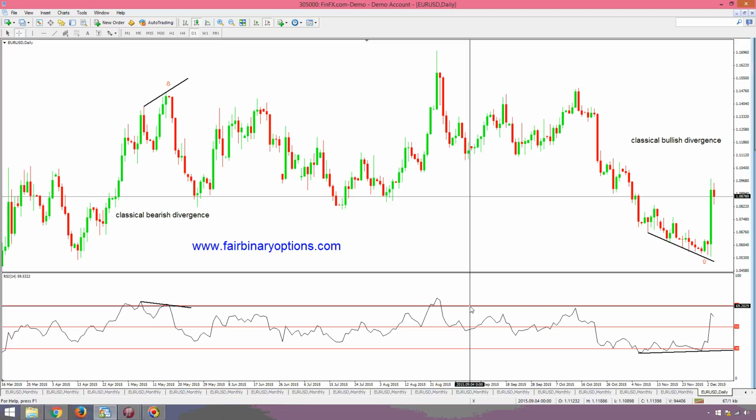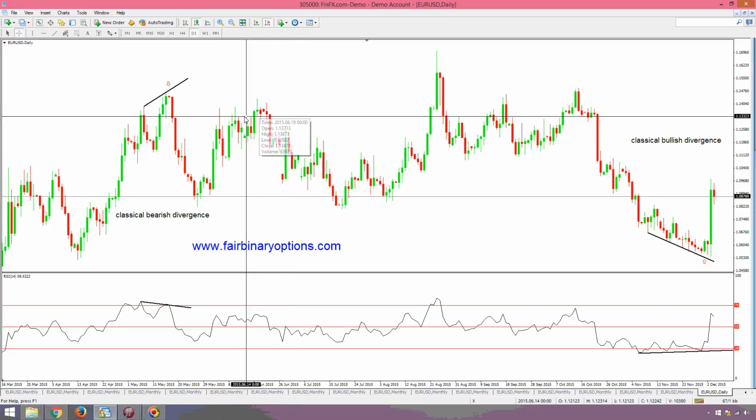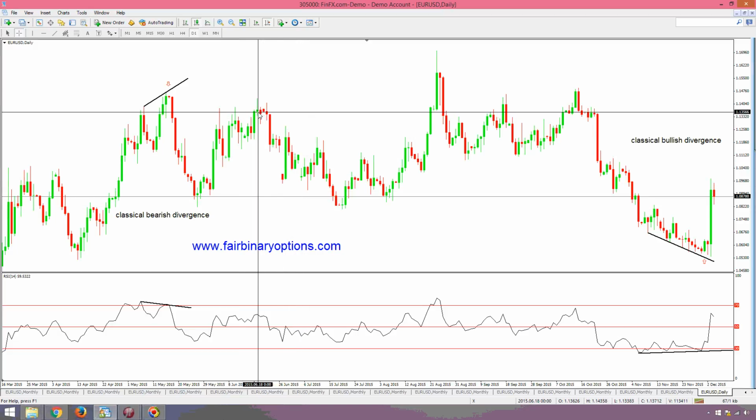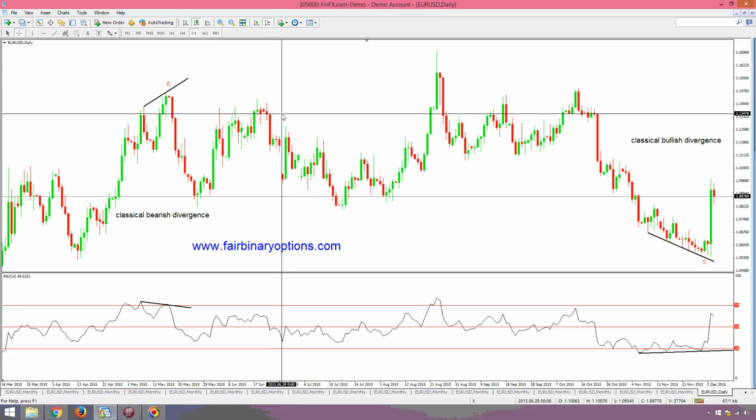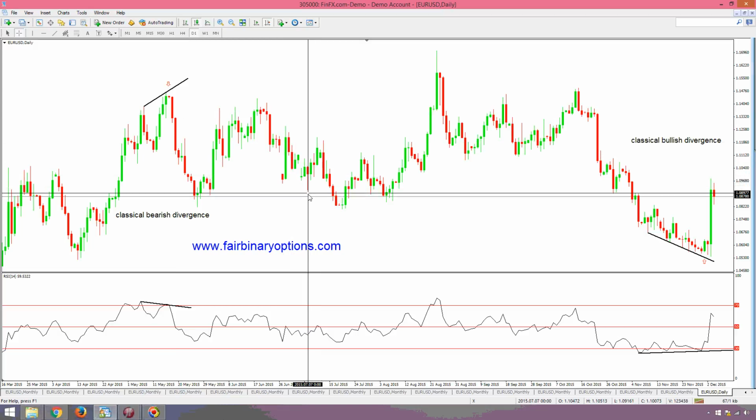What kind of divergence, or how is it possible to have this kind of divergence? Well, you are looking for hidden. Let's go and see what the price is doing and the oscillator is doing. For example, here, oscillator falls, price falls. Oscillator goes and makes a move below the 50 here, and then rises like this. But here, take a look, price goes all the way to the downside, making a new low.